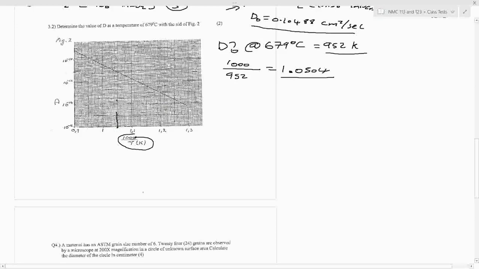And you'll go up here and read the subsequent value of D here. But remember, this is a logarithmic calibration. So what you'll do is you'll count the number of Y calibrations.